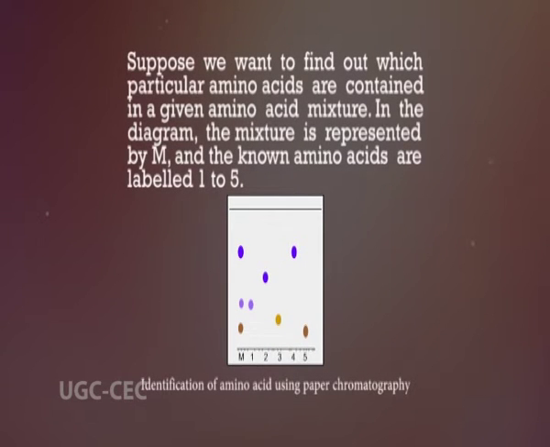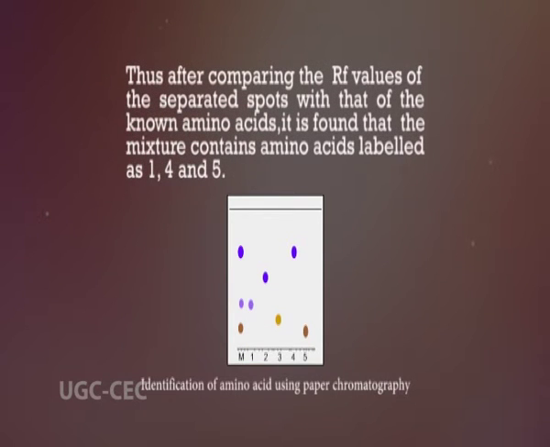Suppose we want to find out which particular amino acids are contained in a given amino acid mixture. In the diagram, the mixture is represented by M and the known amino acids are labeled 1 to 5. Thus, after comparing the Rf values of the separated spots with that of the known amino acids, it is found that the mixture contains amino acids labeled as 1, 4 and 5.